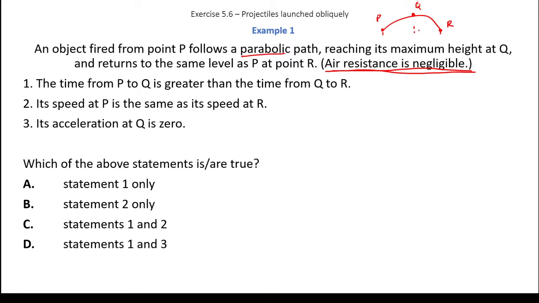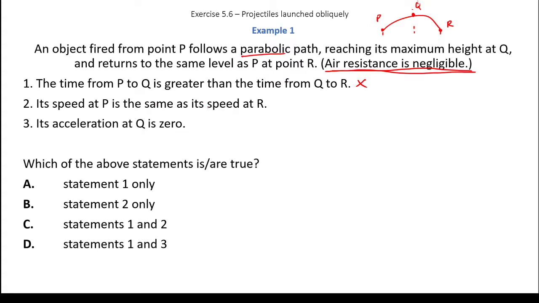Our horizontal velocity does not change. We have the same acceleration acting as we're trying to go up, have zero vertical velocity when we're at the top, and then we're coming back down. So this is false. It doesn't take longer to get up than it does to come down when air resistance is negligible. It takes the same time.